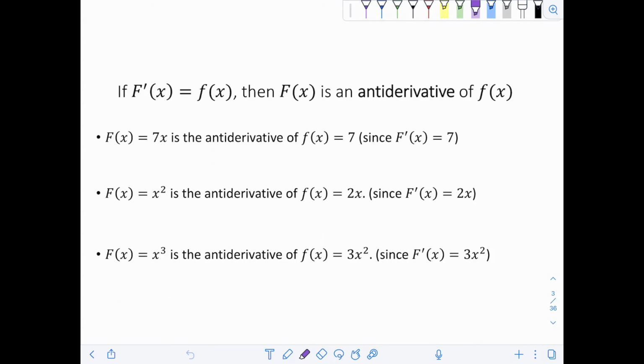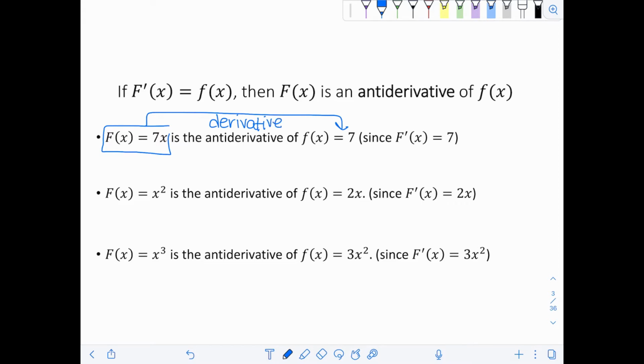Okay, so first this idea of the antiderivative. If you look at a function 7x, if you take the derivative, the answer is 7.